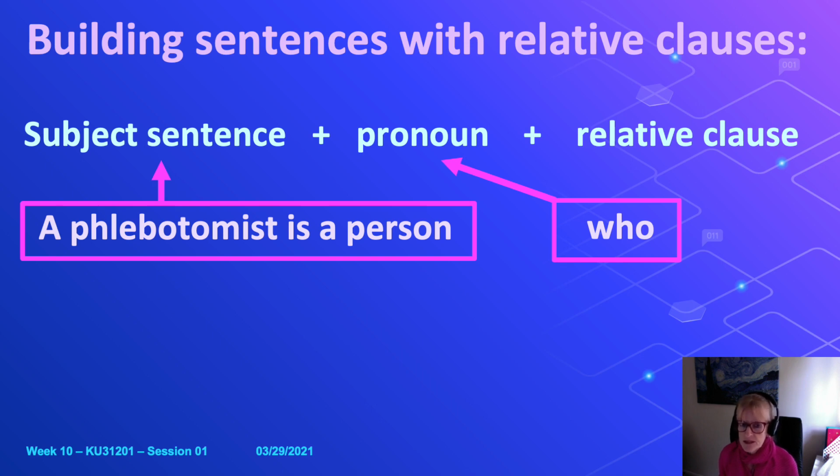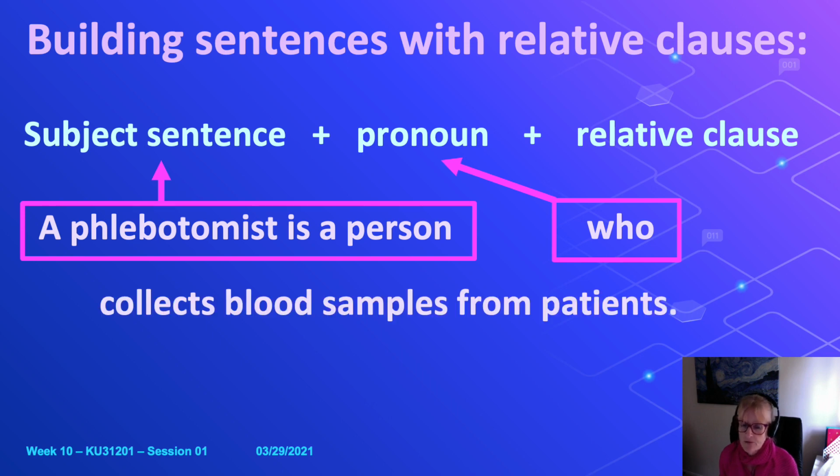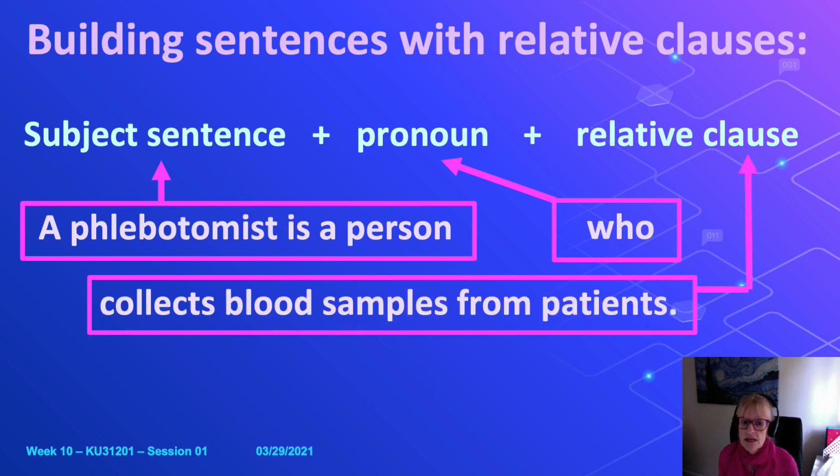A phlebotomist is a person, so we use the pronoun who. And then the correct relative clause to give us the extra information about a phlebotomist is collects blood samples from patients. So our full sentence is, a phlebotomist is a person who collects blood samples from patients.